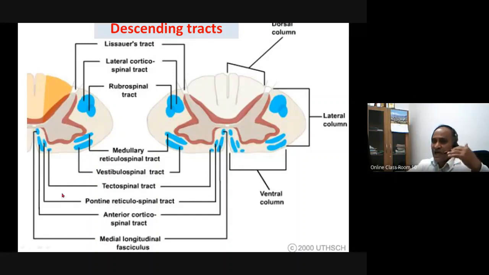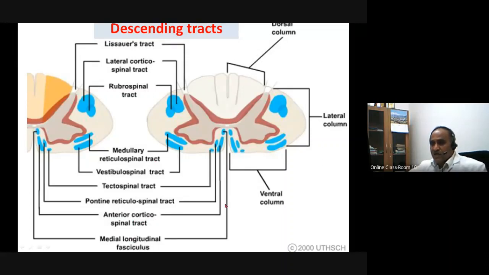Then we have the colliculus, because we saw the spinocollicular or spinotectal fibers. From the tectum, a midbrain structure, fibers descend to the spinal cord. This is the tectospinal tract. I mentioned the pontine reticulospinal tract, and the anterior corticospinal tract in reference to the lateral corticospinal tract.